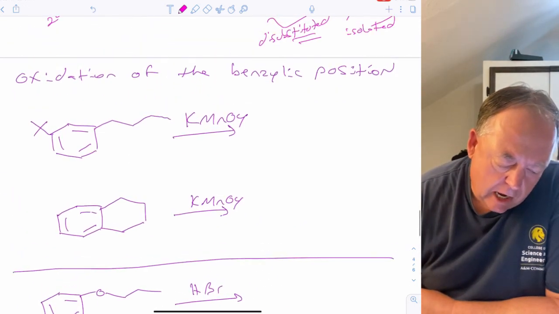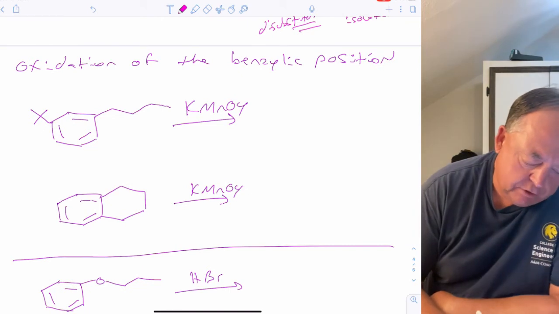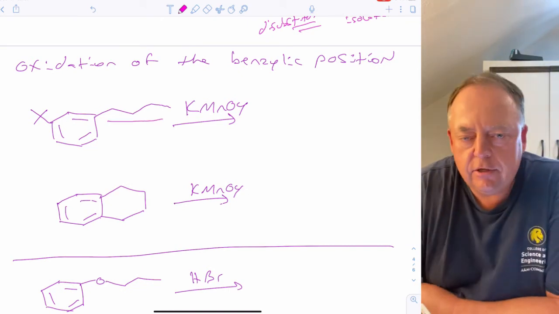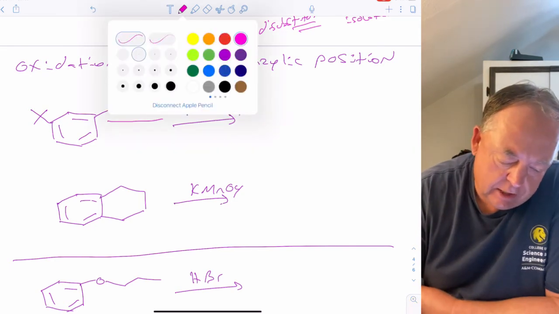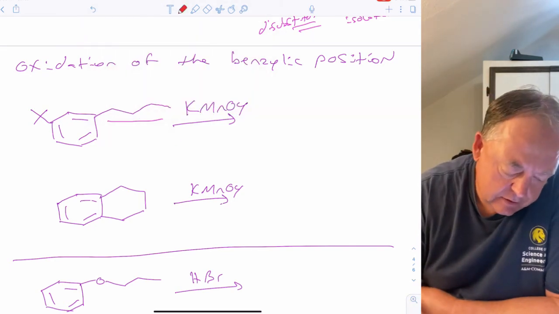Okay, so what about oxidation? So if you have alkyl groups on benzene, then they are susceptible to oxidation. So we won't look at the mechanism, just have to know how to predict the product. So basically what happens is the benzylic position gets oxidized.